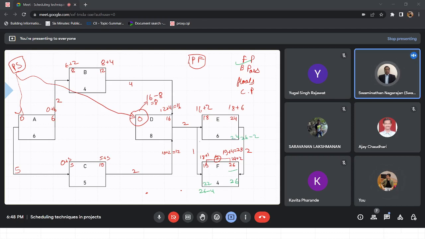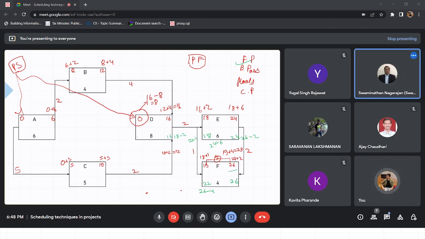If you come that way, this can be 24 minus 6, 18, or this can be 22 minus 1, 21. So what shall this be? We'll take the minimum value, right? Yes, 18. If we start at 21, there is no way we can finish it by 24, right? So 18, only one backward relationship, 18 minus 2, 16.